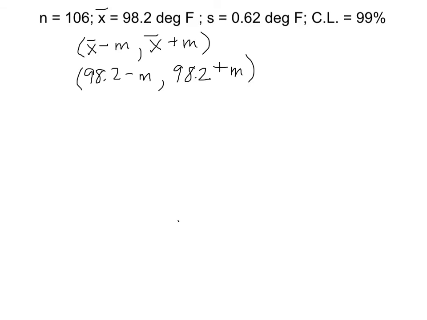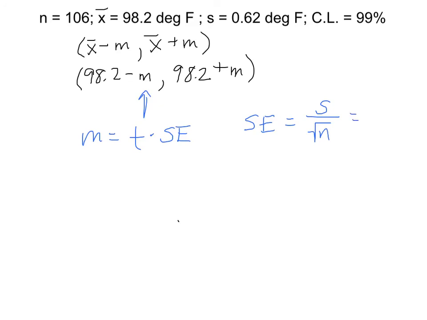So now we have to take kind of a side journey and find out what this m is all about. And the formula for m is the t-score, since we're looking at the t-distribution, times, again, the standard error. So now, again, two more variables that we need to know. The standard error for the sampling distribution for the mean is going to be estimated by the central limit theorem by s over the square root of n.